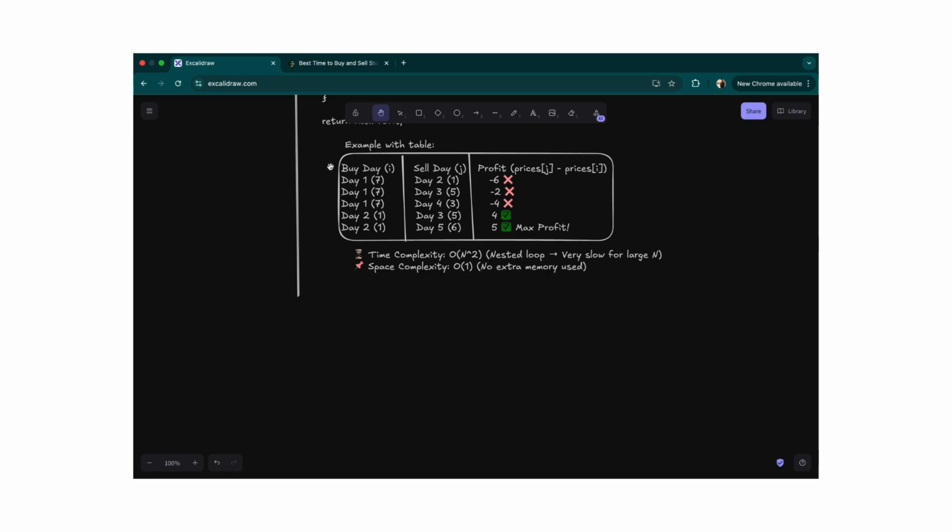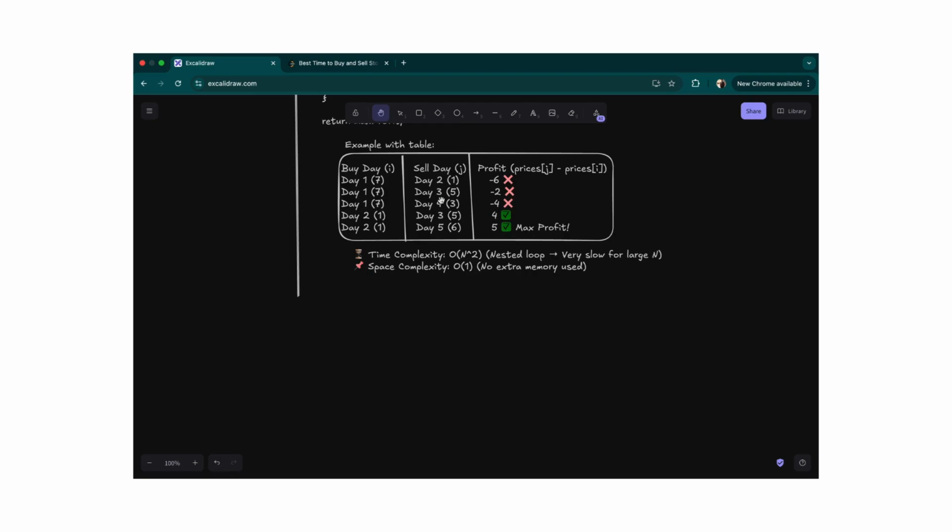So from day 1 we can see the array element was 7 and day 2 was 1. So if we subtract 7 from 1, the answer we will get will be minus 6. Since the answer is negative, we will not be taking this, we will straight away discard this, and we will reset it to 0.